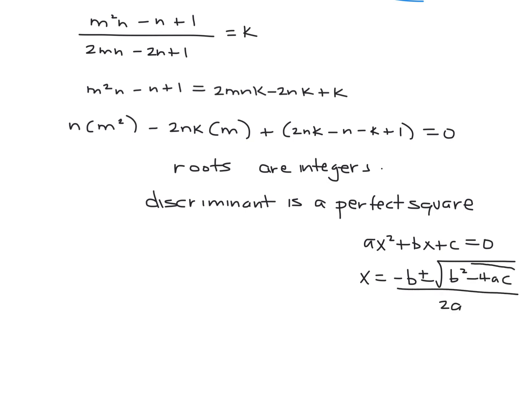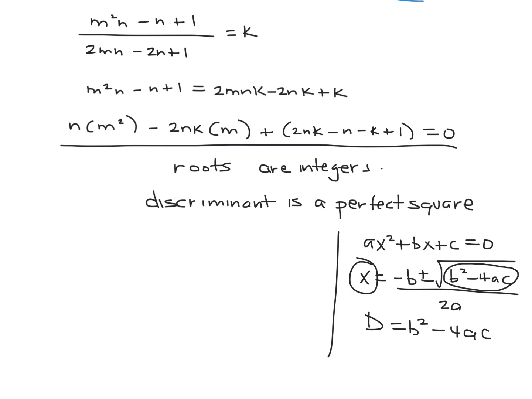And this is the discriminant right here. The discriminant, I'll just call it d, is b squared minus 4ac. And if that is a perfect square, then x will be an integer. If it's not a perfect square, then x will be some combination of numbers and square roots. Got it? Okay, so we got to show that the discriminant is a perfect square for that.